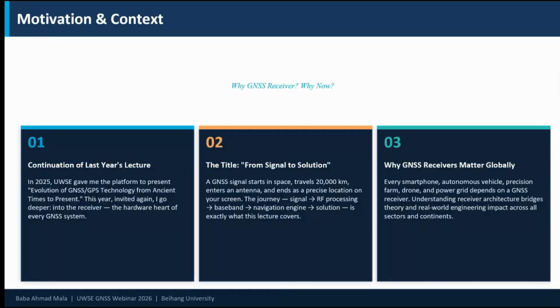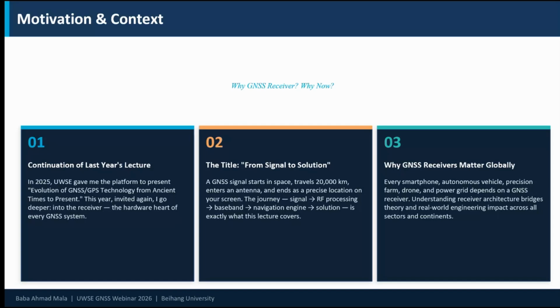So why are we talking about the GNSS receiver? From the continuation of the last lecture to today's lecture, I'm going to talk about the signal, and see why we chose this particular topic. I broke it down into 3 parts. One reason is the continuation of our last lecture, then the title I have given, from signal to solution, and then the GNSS receiver matters globally.